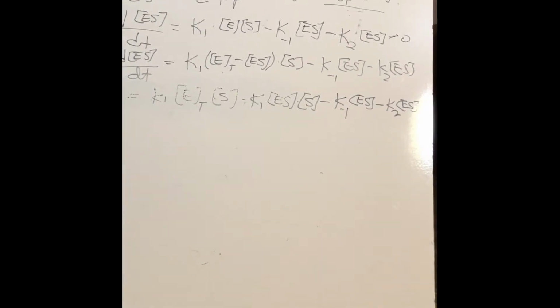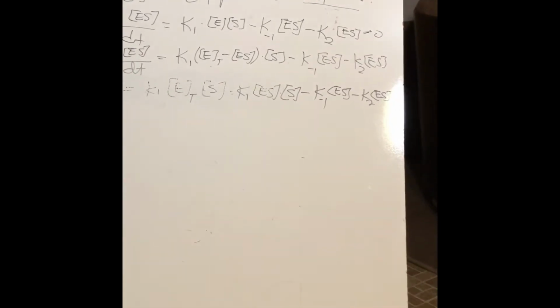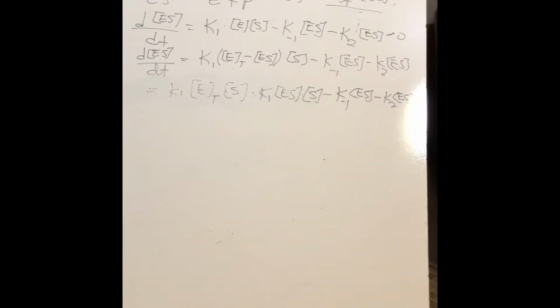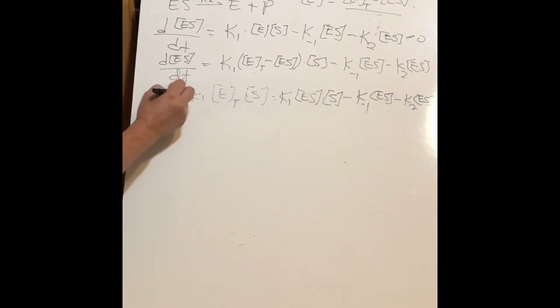We can rearrange, putting all the product with ES on one side of the equation. And we know that this equation equals 0.